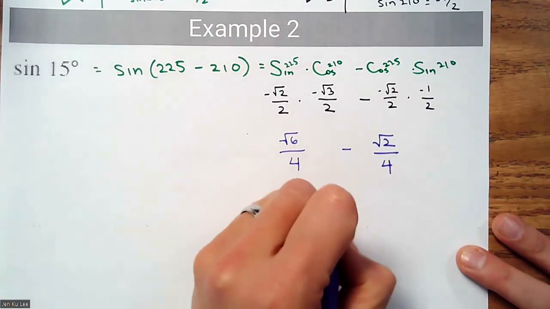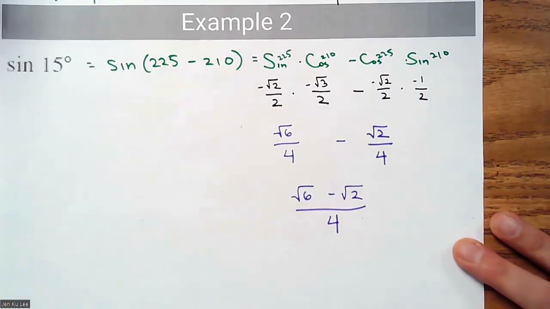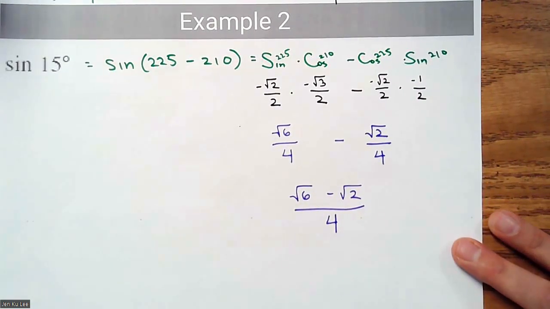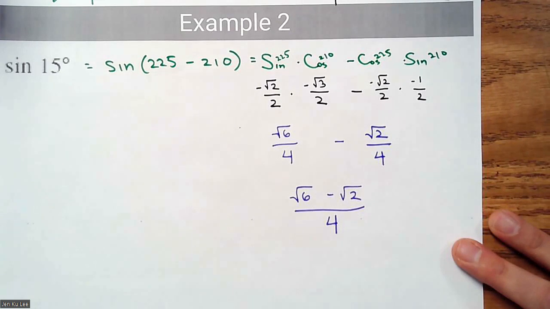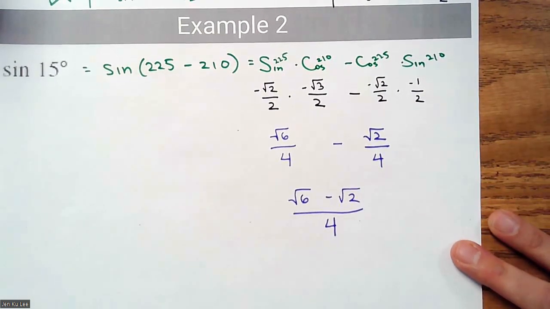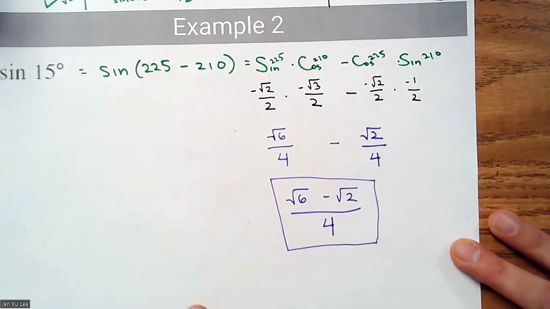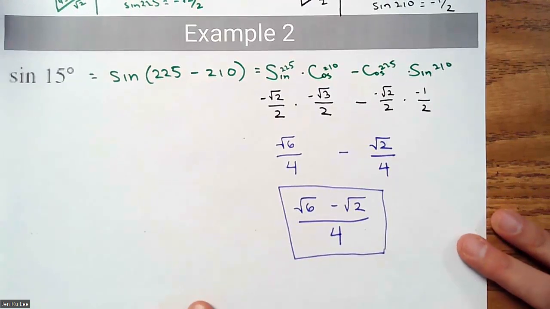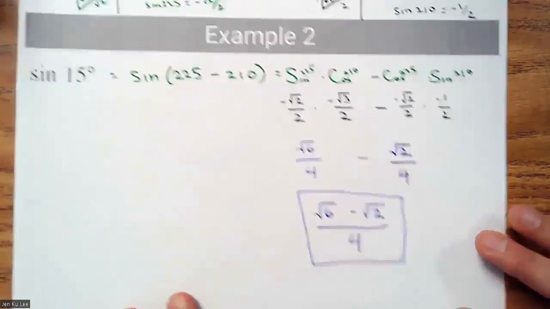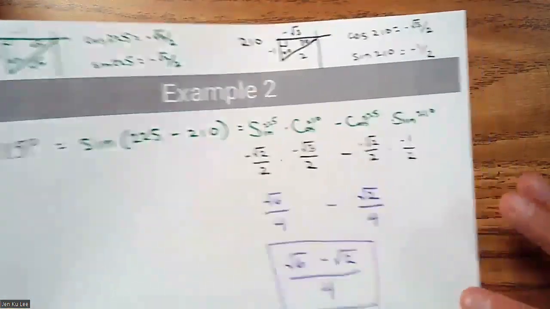So that's square root of 6 minus square root of 2 over 4, and that is your answer. Cool? You can use the big degree measures as well.